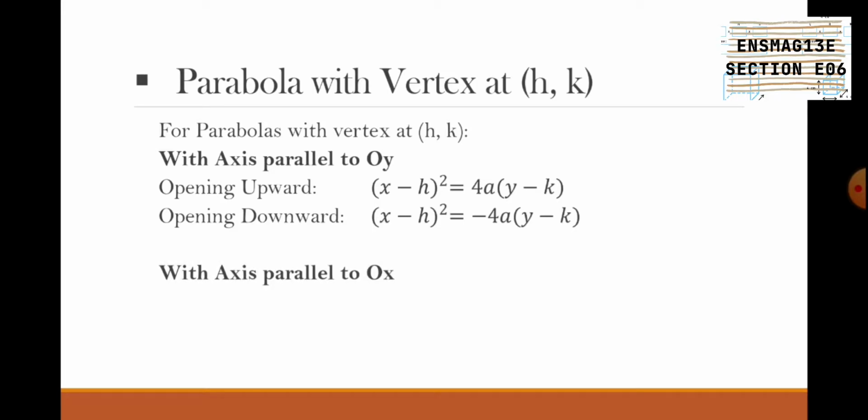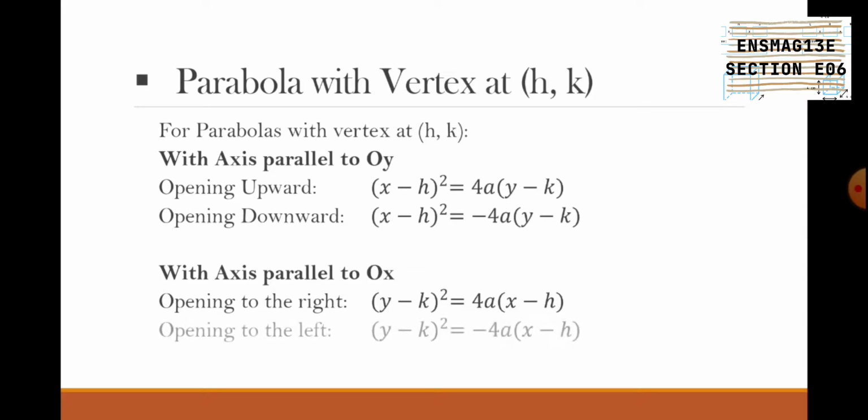For parabolas with axis parallel to your x-axis, opening to the right, y minus k squared is equal to 4a times x minus h. Opening to the left, y minus k squared is equal to negative 4a times x minus h.